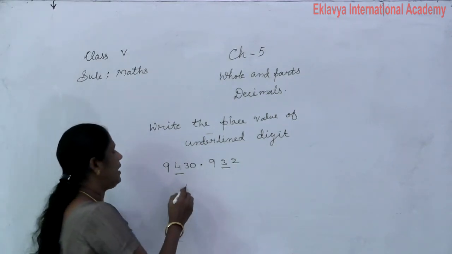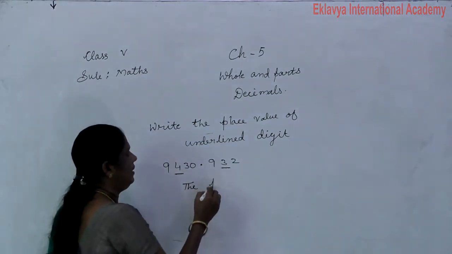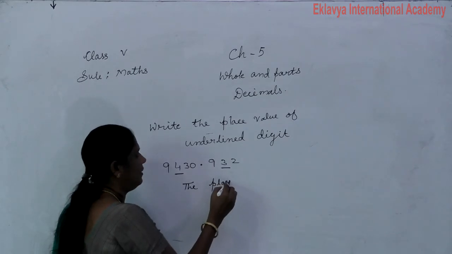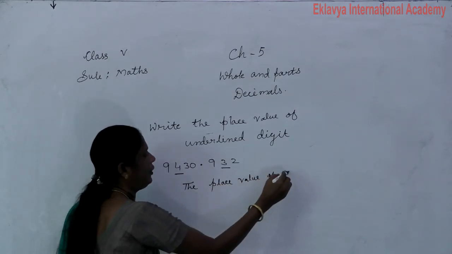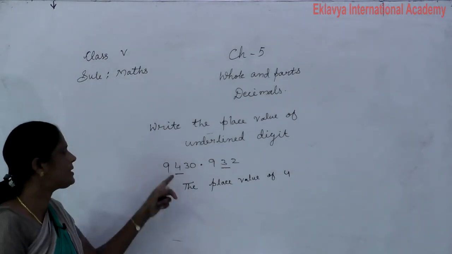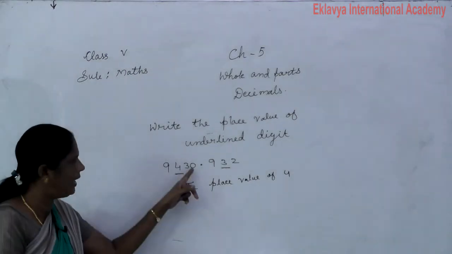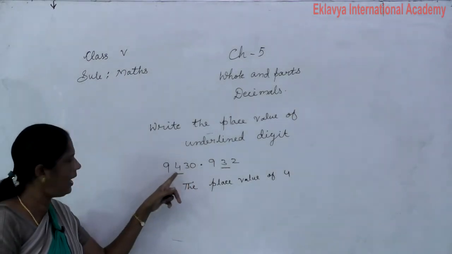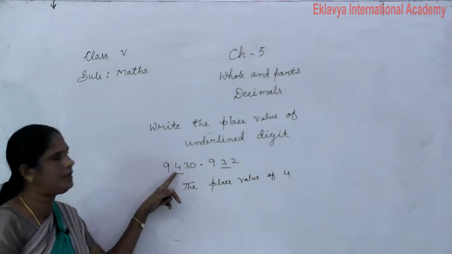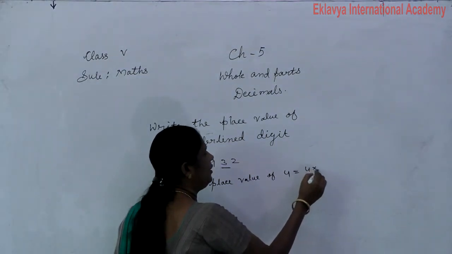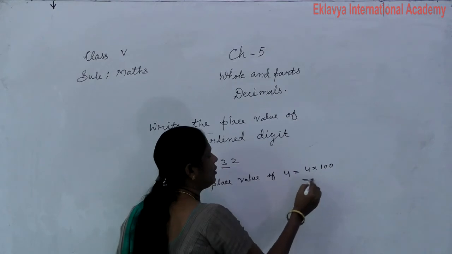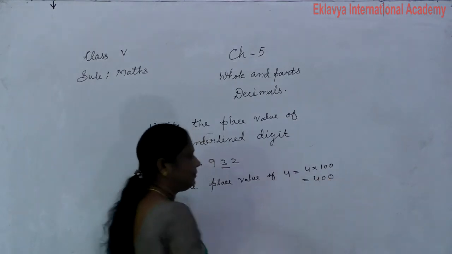Which place is the 4 sitting in? Ones, tens, 100. The place value is 4 into 100, equal to 400.